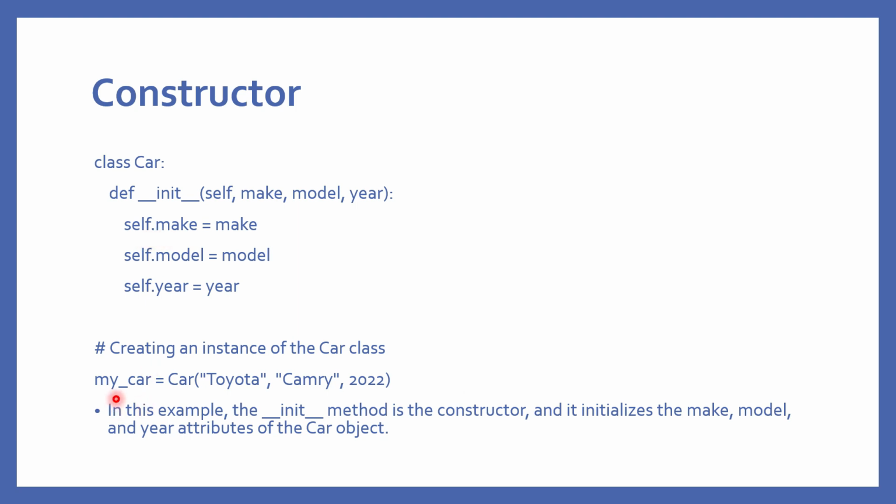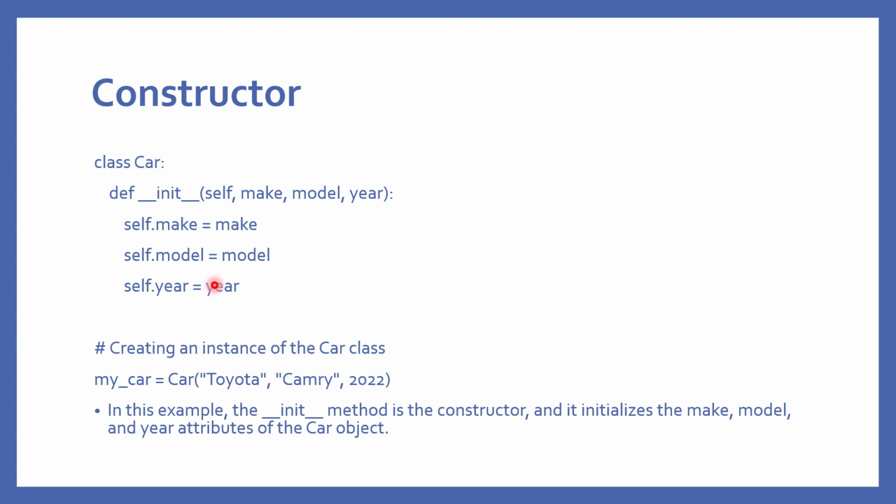So actually this will become the make for my car. Then we are assigning Camry as the model, which will be assigned to self.model. This will become the model value for my car, and the year value for my car will be set as 2022. So this is the constructor.